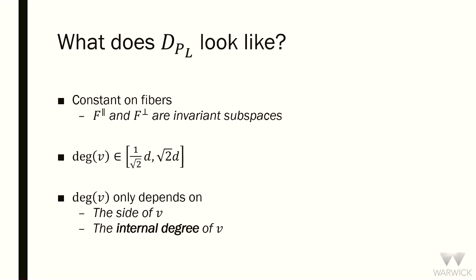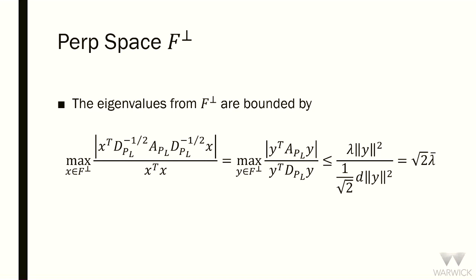These are constant on fibers, and this means that our partition into the parallel space and the perpendicular space still holds, and these are still invariant subspaces. And all the degrees are bounded close to D, between 1 over square root 2D and square root 2D.